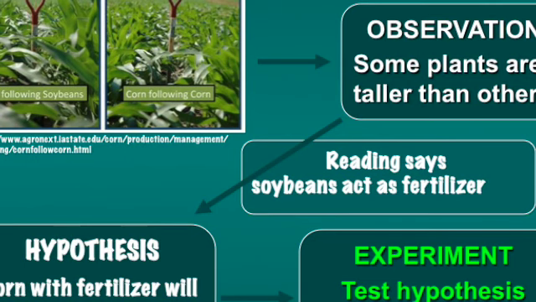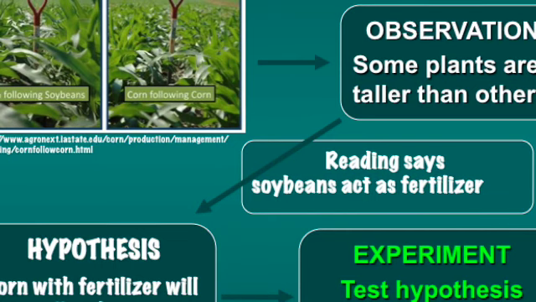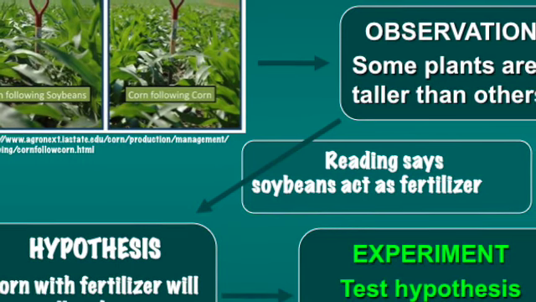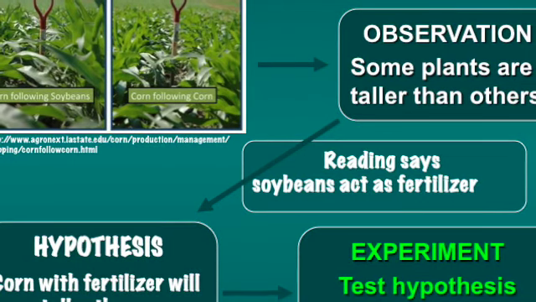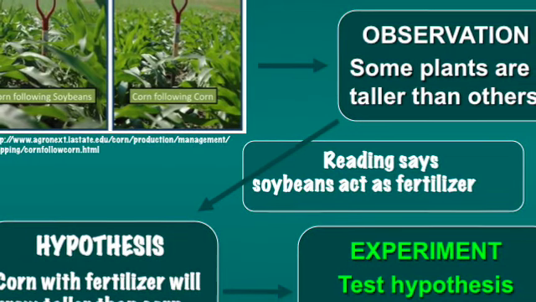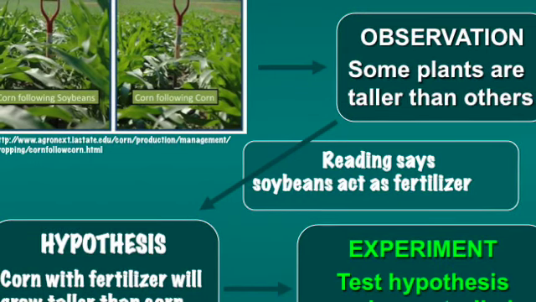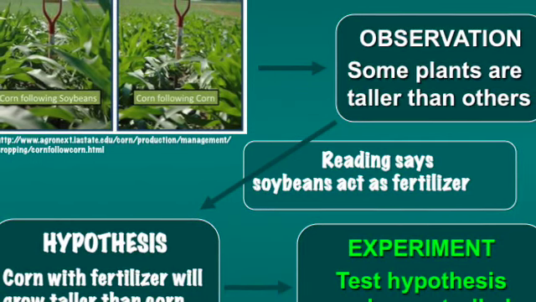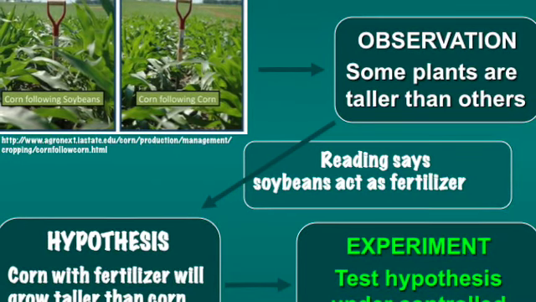So let's look at an example. You can see in the two pictures here, we're going to look at plants. In this case, it's corn. My observation might be that some plants are taller than others. Then I go and do my research and find out that soybeans can act as a fertilizer.